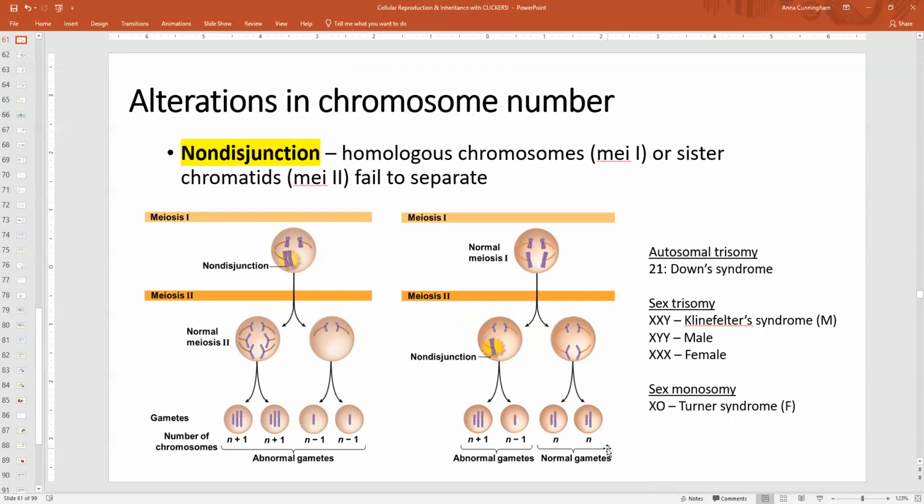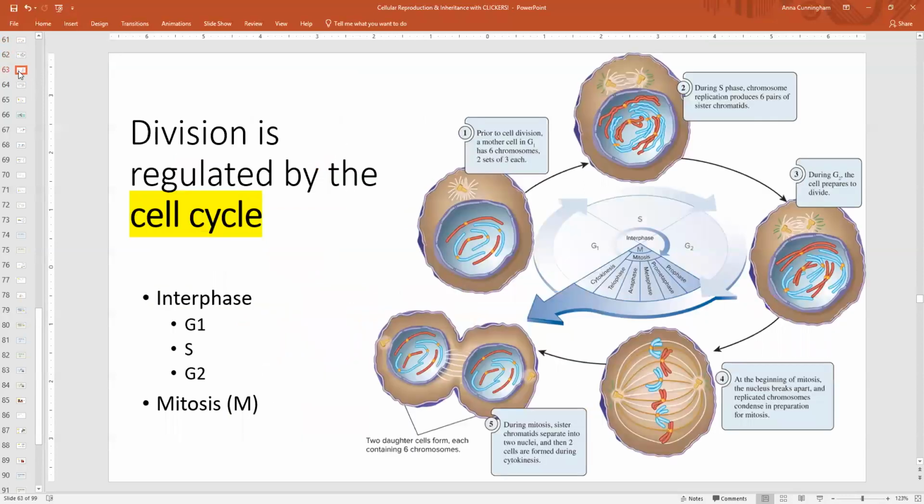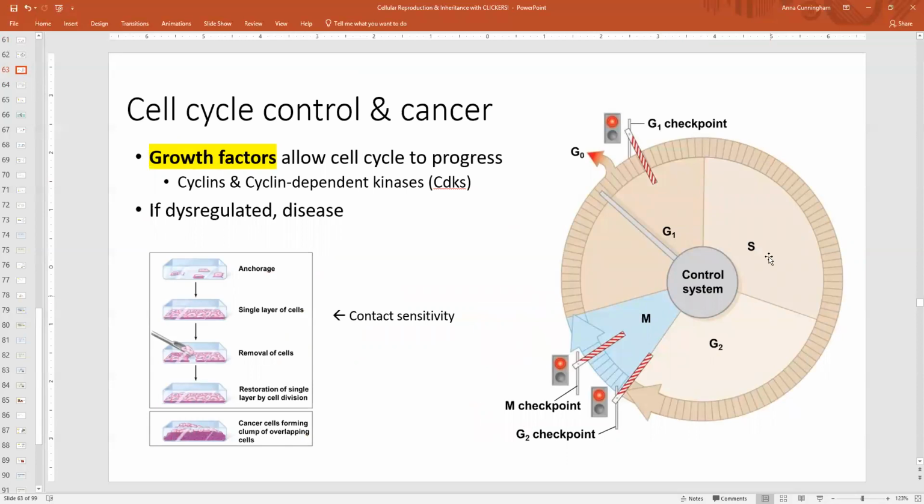Non-disjunction is a defect in mitosis, but what can sometimes happen is that the mutations in a cell that allow non-disjunction to happen can actually happen during cell division. So that's a little bit complicated. We're not going to get into that. But what I will say is that if there are mutations during S phase, there's two possibilities. One, the cell will still divide, and you'll get those mutations passed to offspring, and that's what happens with non-disjunction.